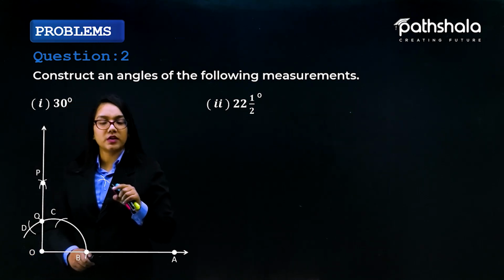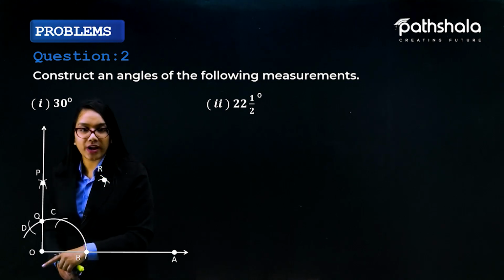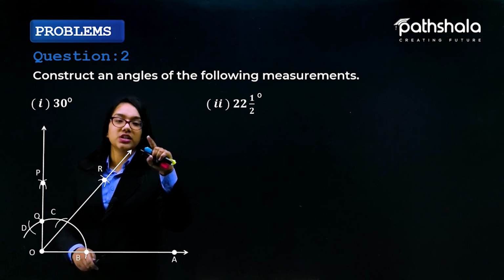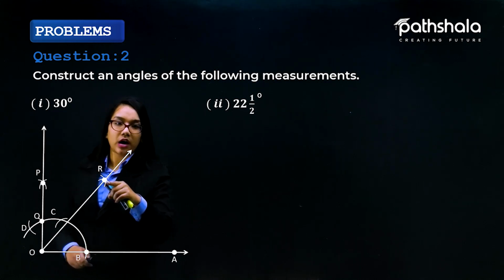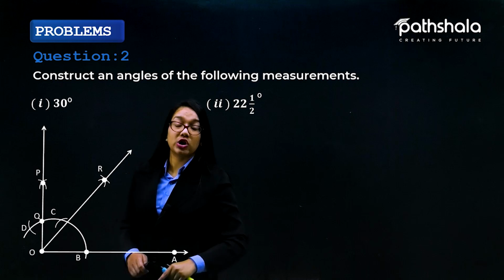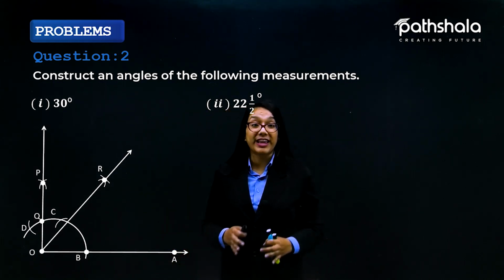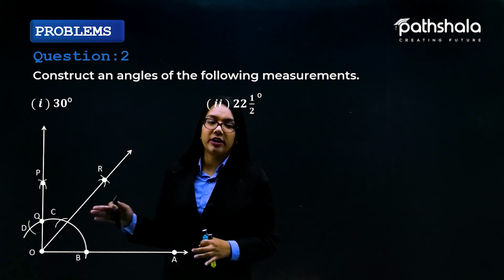We call this point R and join this point with O with the help of a ray. So this is an angle ROA, which is half of 90, which is nothing but 45 degrees. So this is a 45 degree angle.